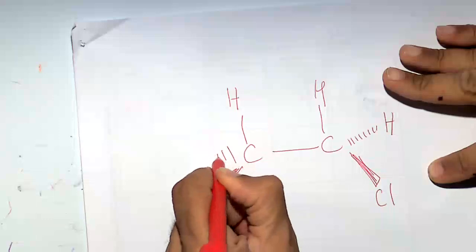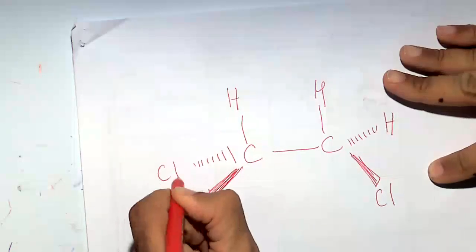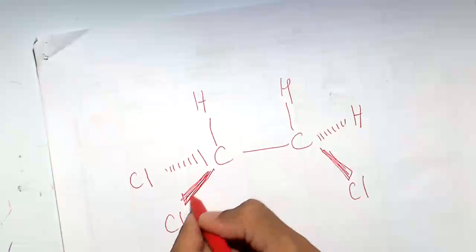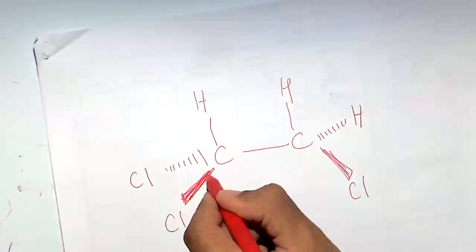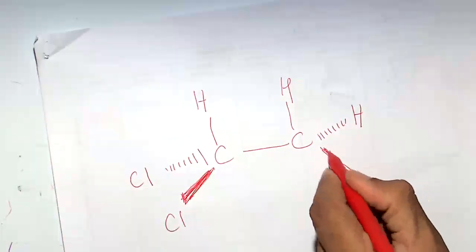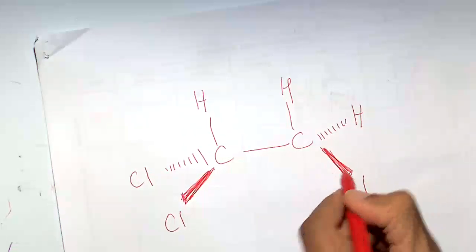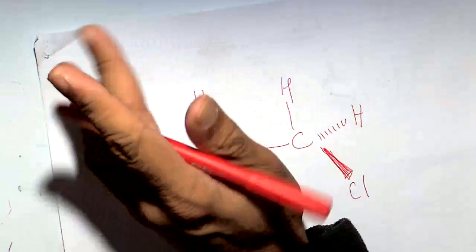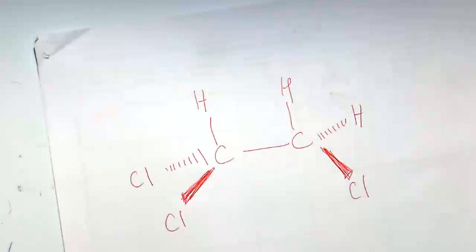CCl3. Two tetrahedrons. This is a dash, and this is a dash. This is probably a better depiction of that. And there's more than one way to draw this.